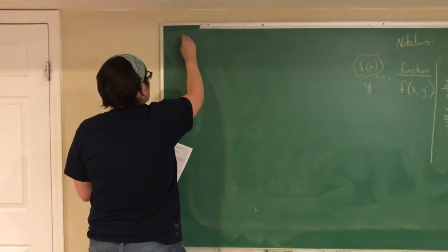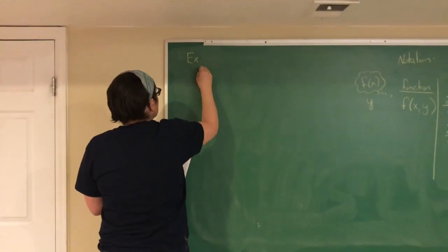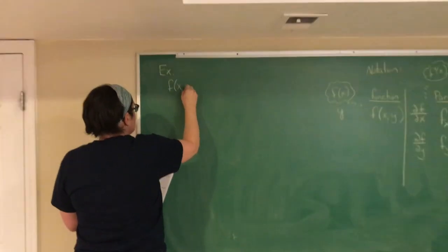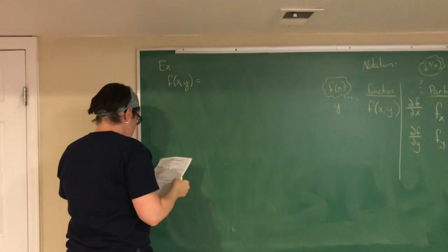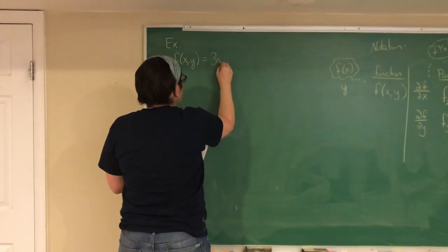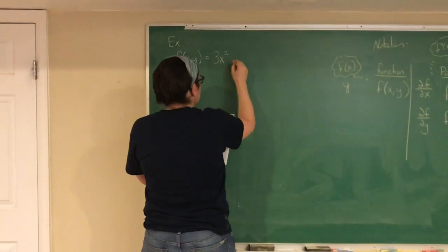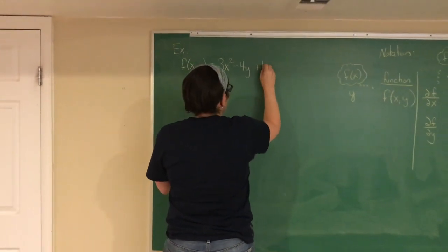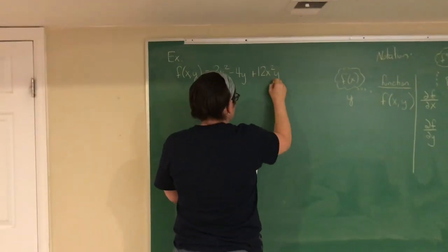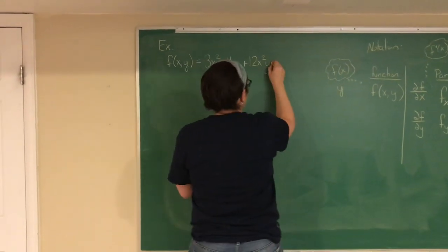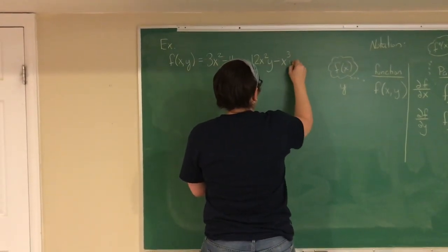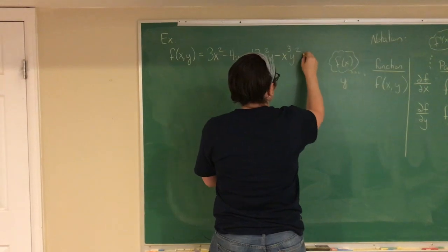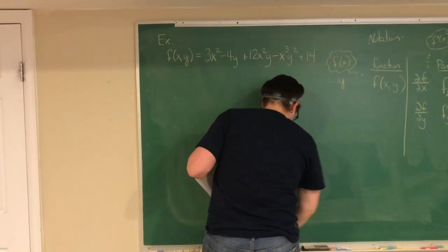Okay, so our example: we have the function f of x, y is equal to 3x squared minus 4y plus 12x squared y minus x cubed y squared plus 14.